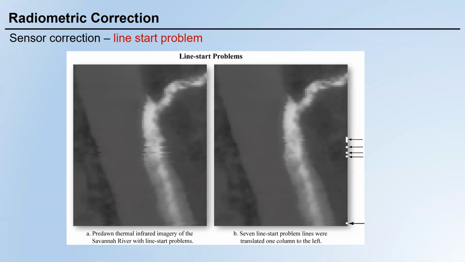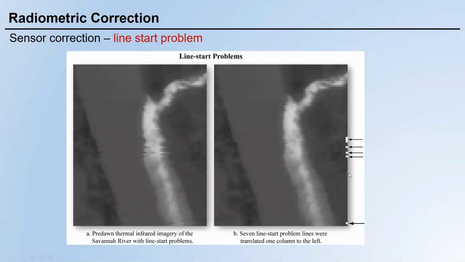So these bad pixels, these pixels with position problems, could go back to their correct position, just like this. At least seven lines have this line start problem.